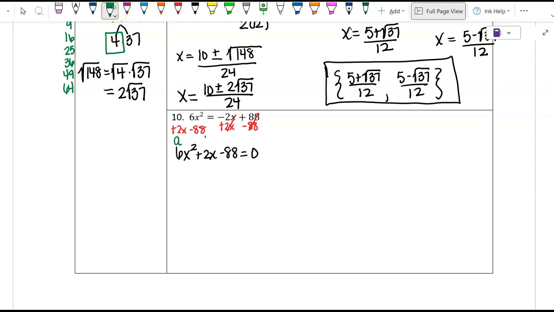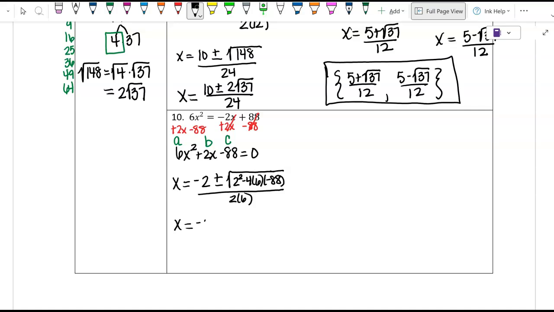So A is 6, B is 2, C is negative 88. So x equals negative 2 plus or minus the square root of 2 squared minus 4 times 6 times negative 88, all divided by 2 times 6.